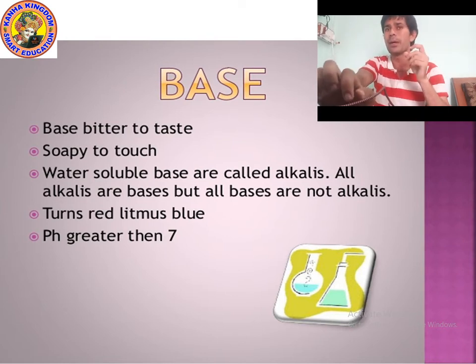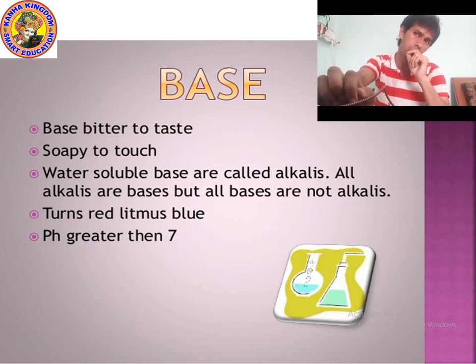Take a litmus paper and do the litmus paper test. What will happen when you do the litmus paper test? The red litmus paper turns blue. But if we do the test with acid, then blue litmus turns red.